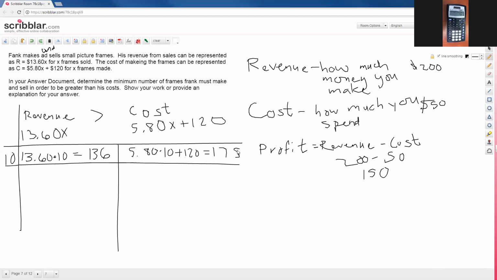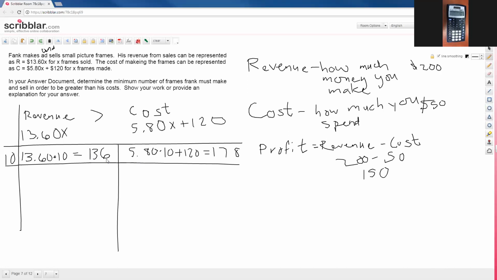So we check and see, is the revenue bigger than the cost? Did we get a revenue bigger than cost for that guess? We did not. Revenue is still smaller than cost. They're kind of close-ish. So we're going to make another guess.